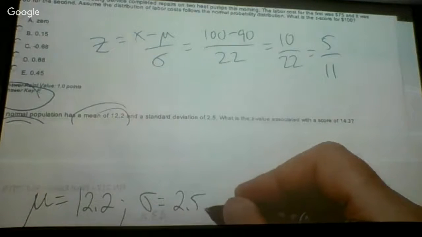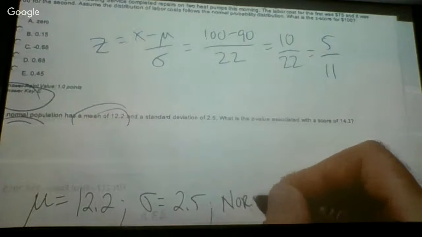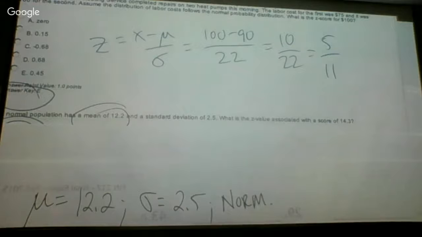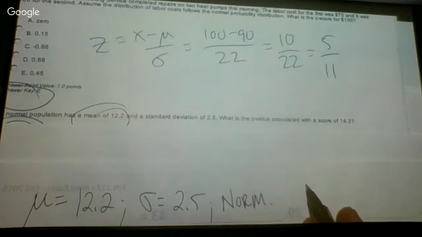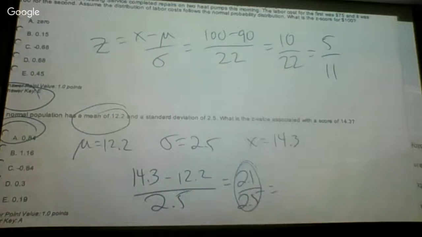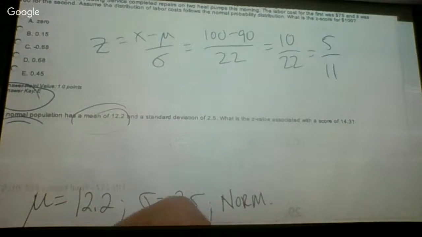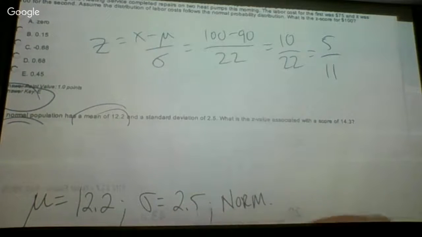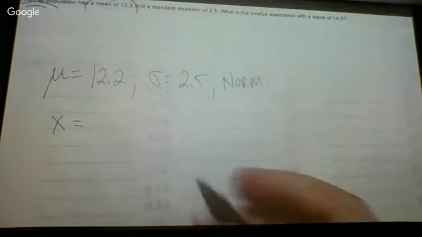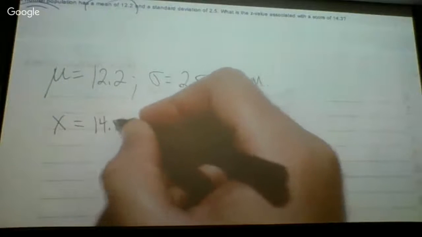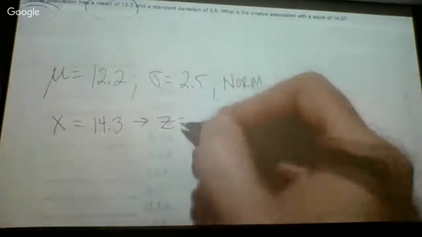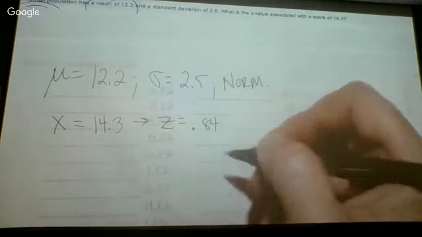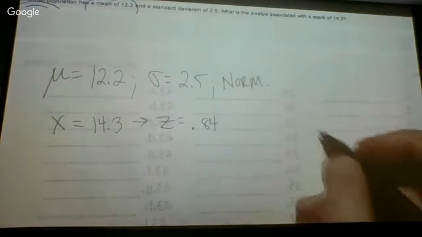And then our distribution is normal. And I already have the z-score for 14.3. We determined the z-score in the previous question to be 0.84. So if x is 14.3, its z-score is 0.84. Draw the picture.